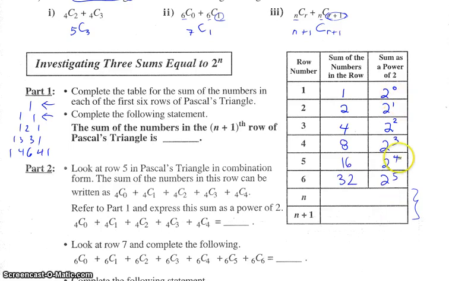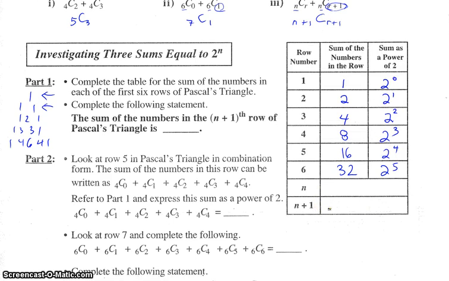Okay, so we should have gotten these numbers, 4, 8, 16, 32. And then written as powers of 2, 1 is 2 to the 0, 2 is 2 to the 1, 8 is 2 cubed, 16 is 2 to the 4. Now these last two rows we're not going to fill in right now. If we call it the n plus 1 row, you'll notice the exponent here is a 5.